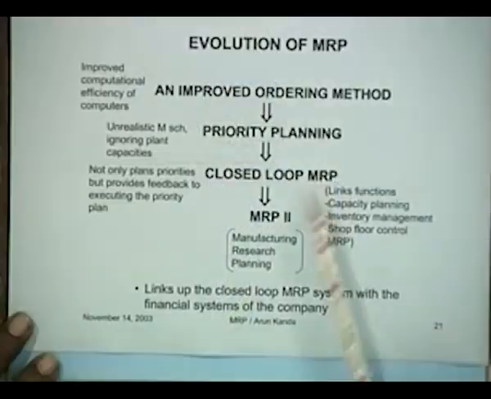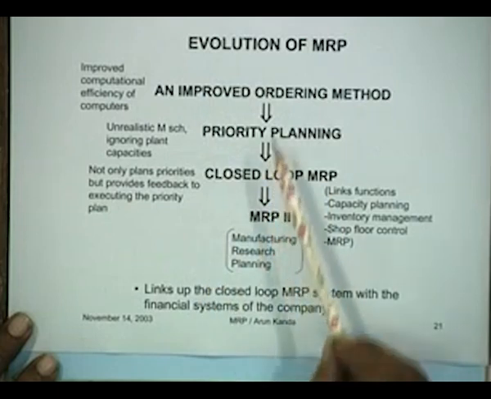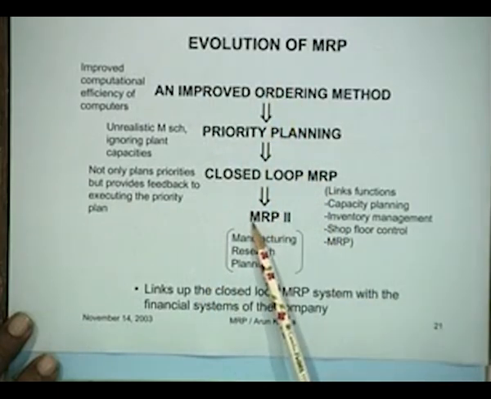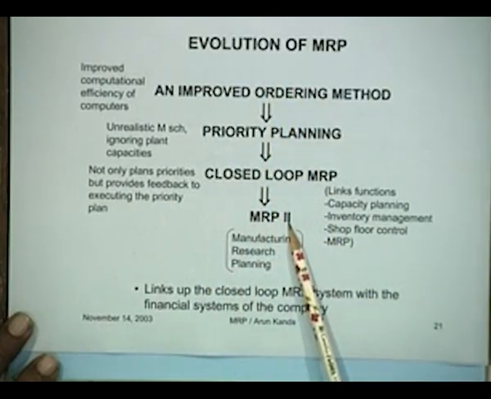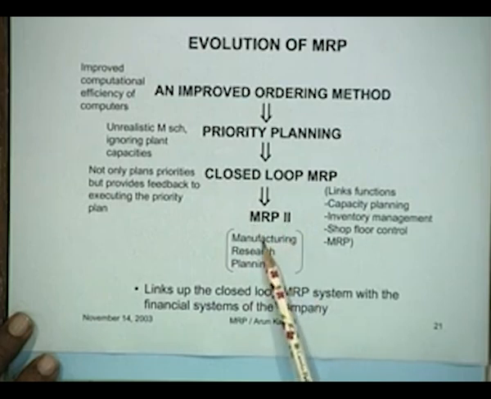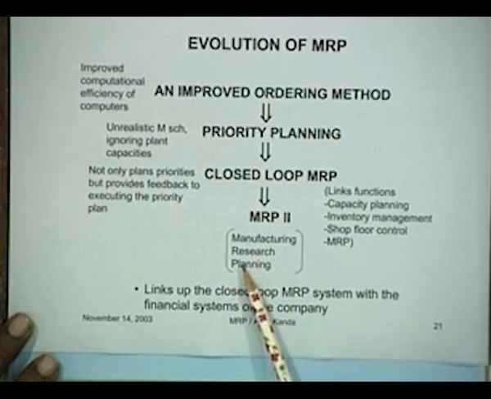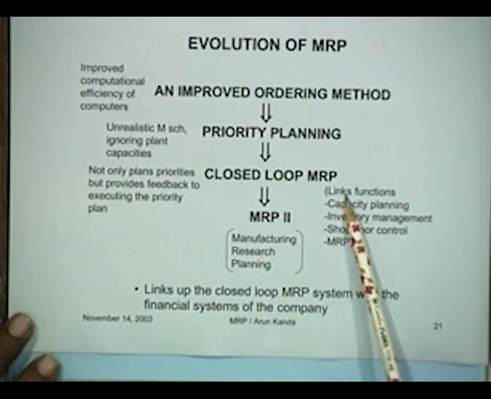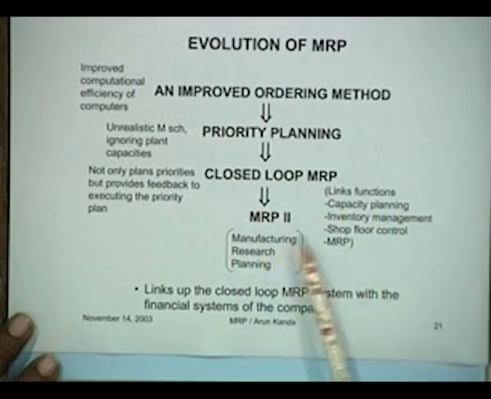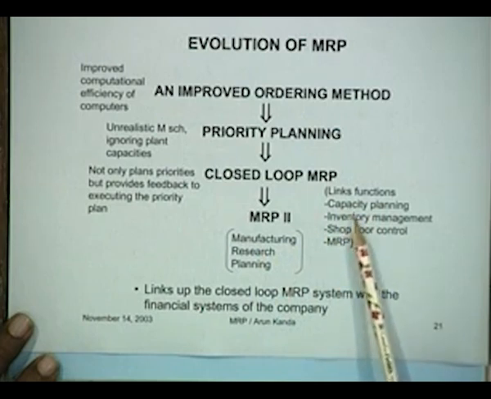So here we are making those checks, and ultimately in trying to integrate everything, we come to what is known as MRP2. MRP2 is actually called manufacturing resource planning. And when you are talking about manufacturing resource planning, basically you are linking the various functions of the organization: capacity planning, inventory management, shop floor control, and MRP.